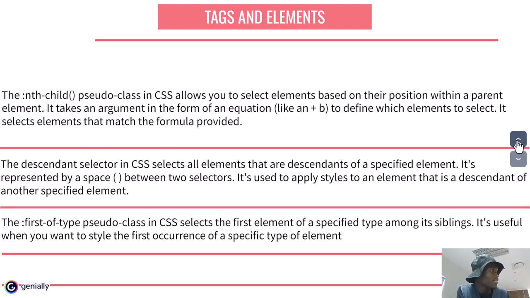So the first-of-type pseudo class in CSS selects the first element of a specified type among its siblings. Remember the example that I gave you? Let's say in an ordered list you have about 6 list items, and you were only interested in styling the first one.